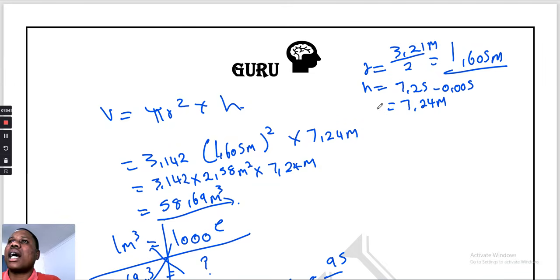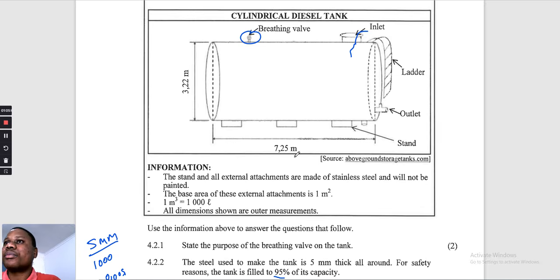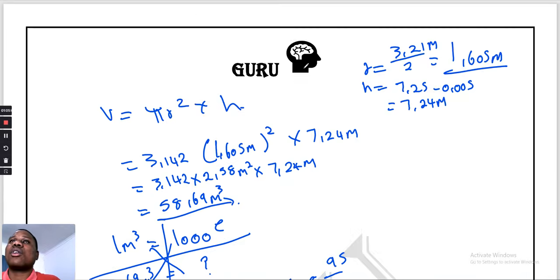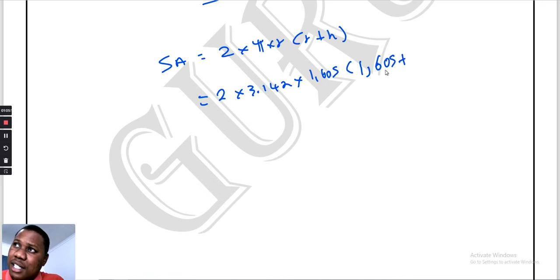Which height are we going to use? We're going to use the outer height, which is 7.25.